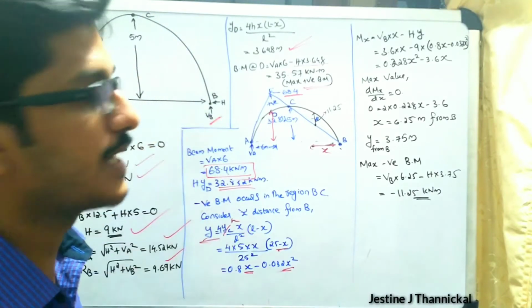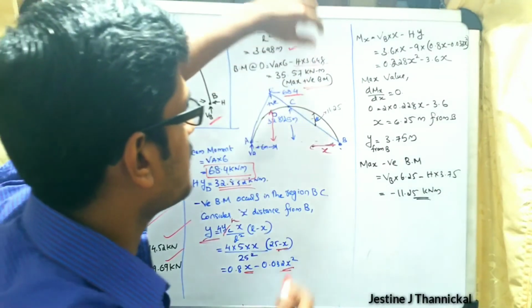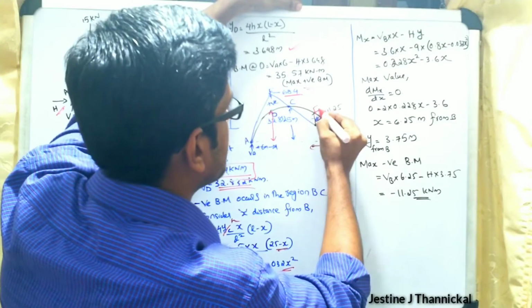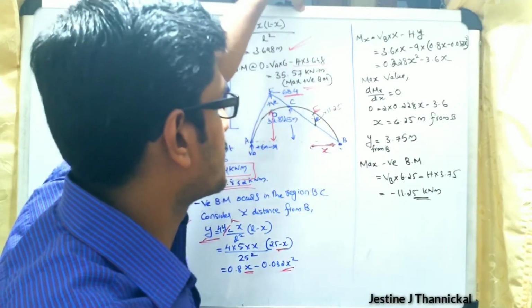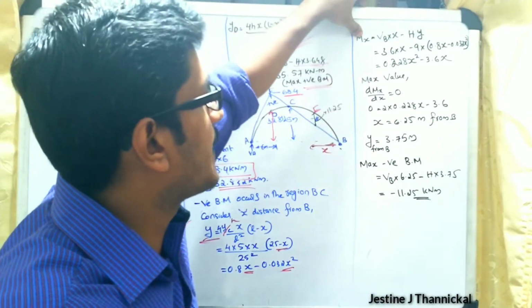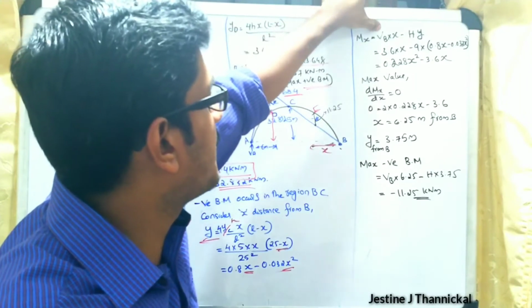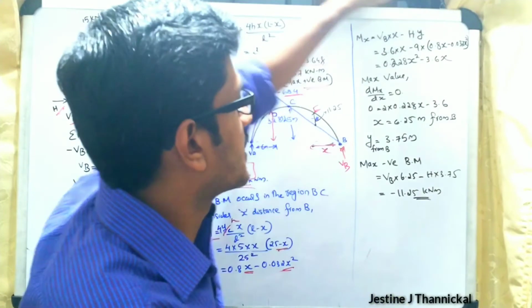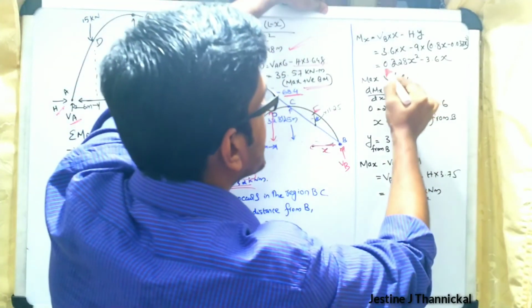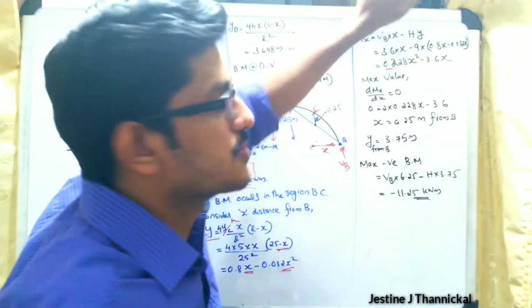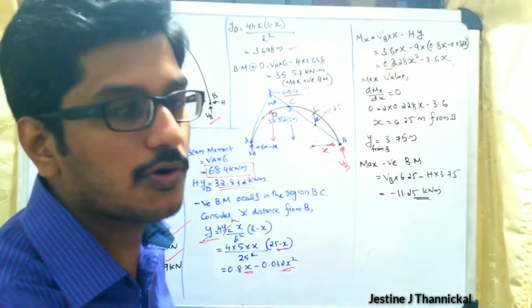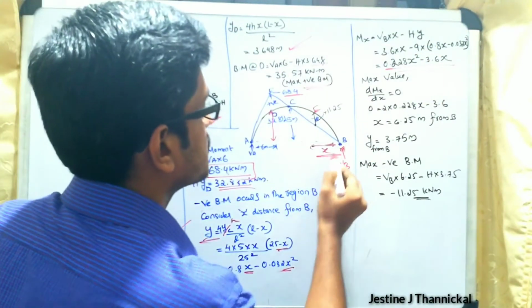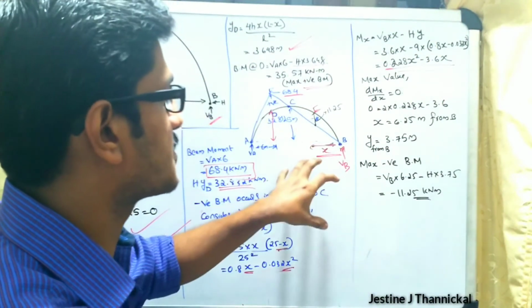So let us take this point, let us consider this point. The Mx value will be VB multiplied by x minus H into y. If you substitute, you will get an equation in terms of x, since we don't know the value of this distance. So our first intention is to find this value.